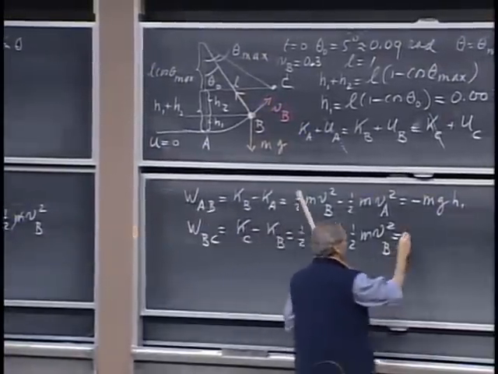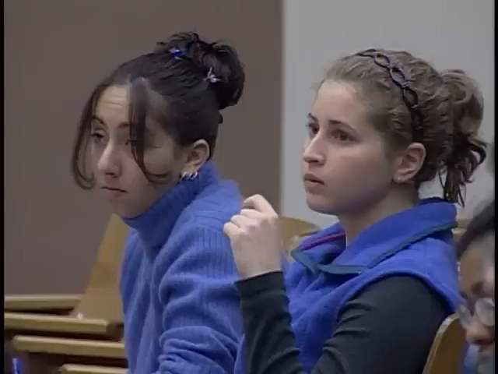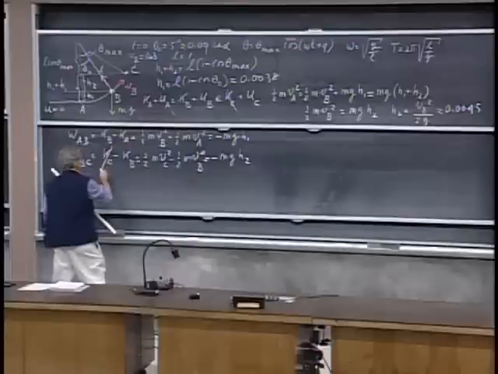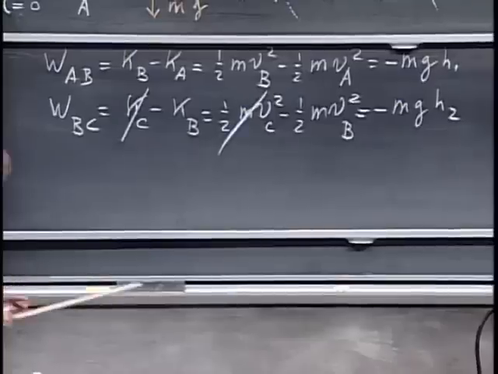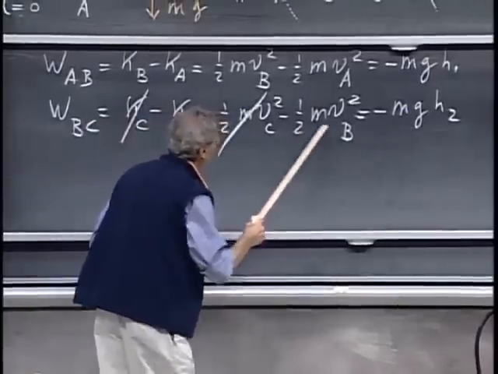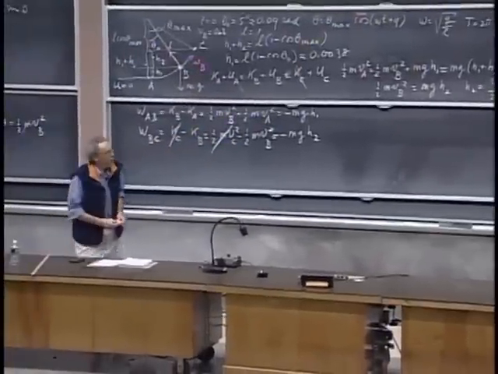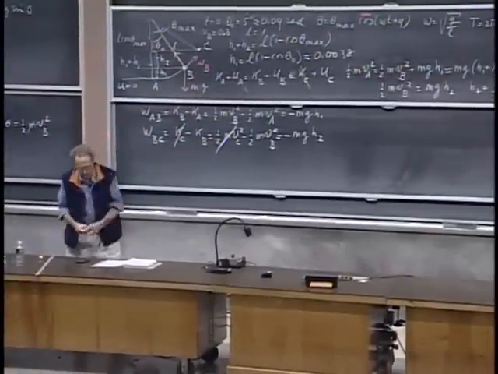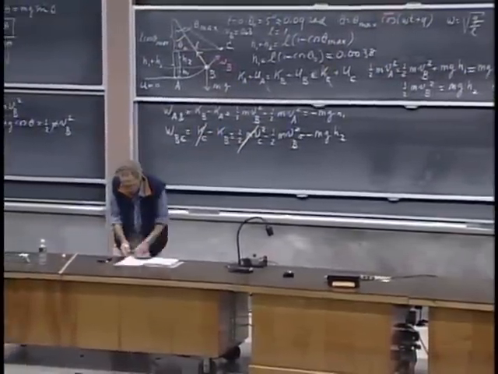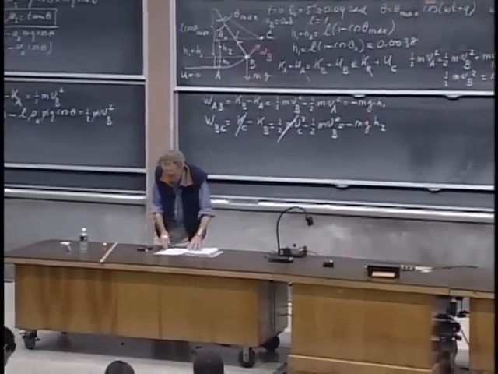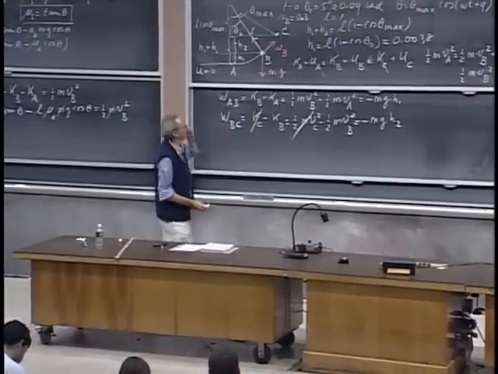So this equals minus mgh2. This is 0. And so what you see here is exactly what you see here. The two are identical. And so you could have used the work-energy theorem, or you can use the conservation of mechanical energy. That makes no difference. And so you now can calculate theta maximum.